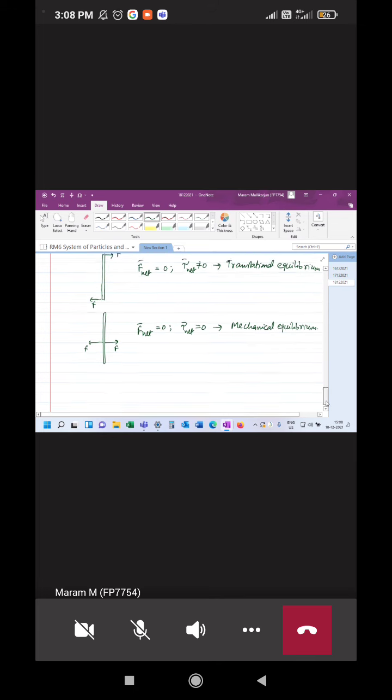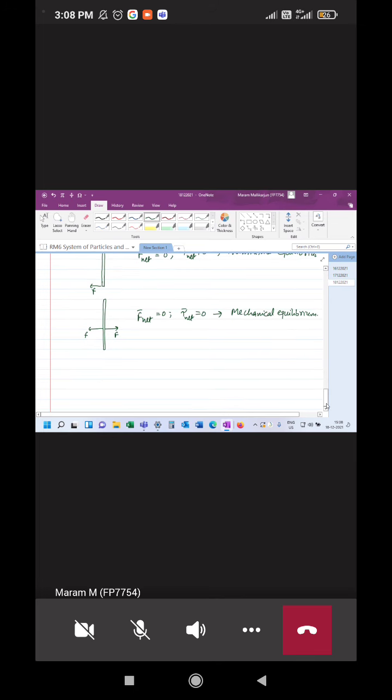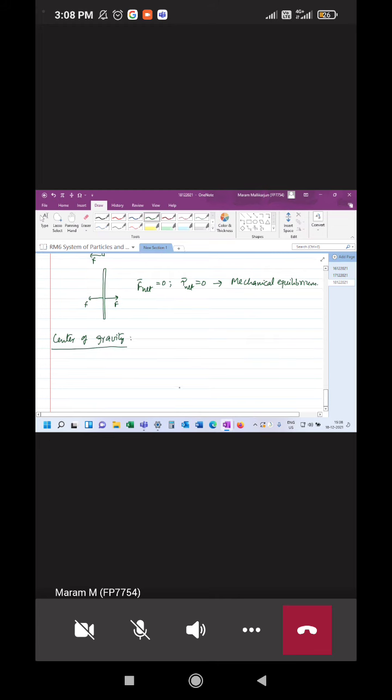Now you also have, finally, the concept of center of gravity related to gravitational torque. Just briefly mention that. What is center of gravity?